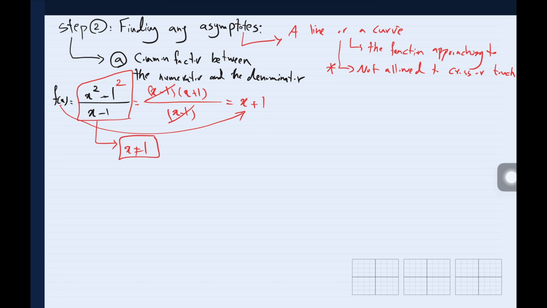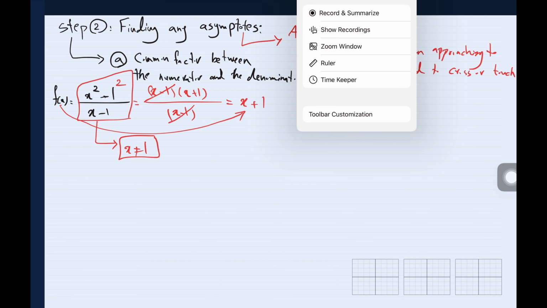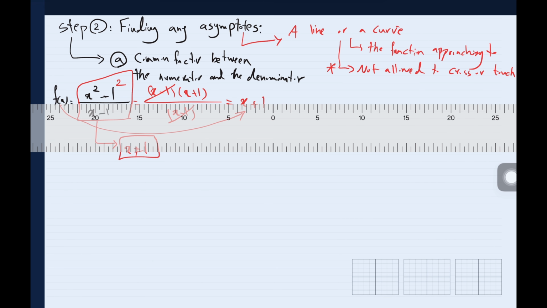Because 1 makes this rational function undefined, as that makes the denominator 0. So if I have any common factor, I have to cancel them out first.